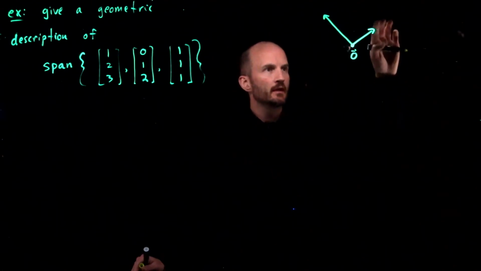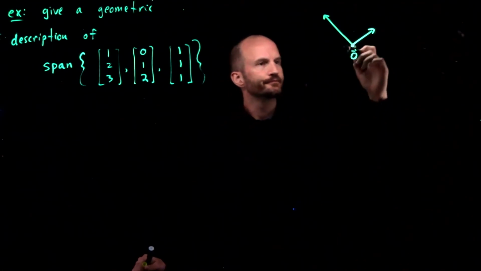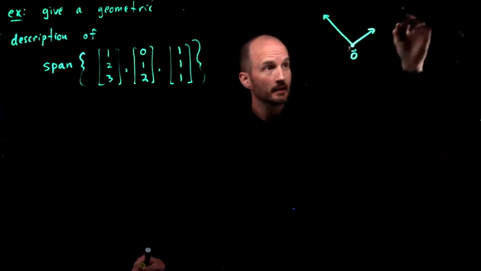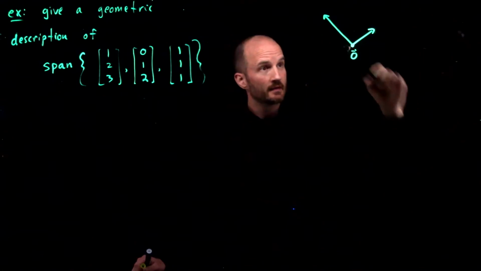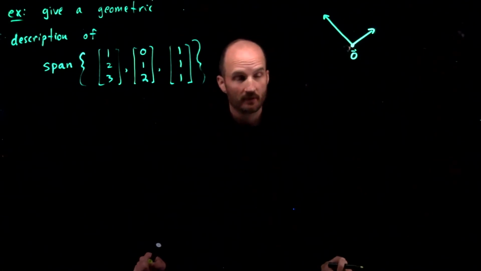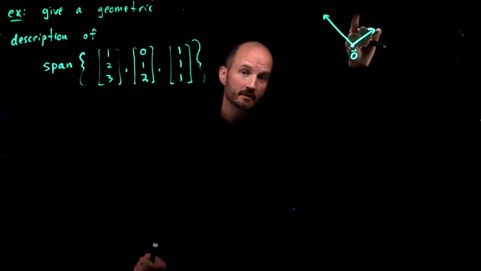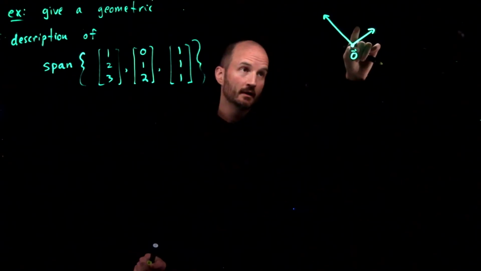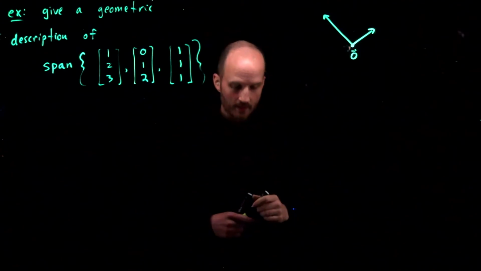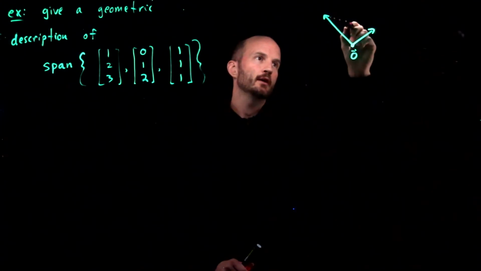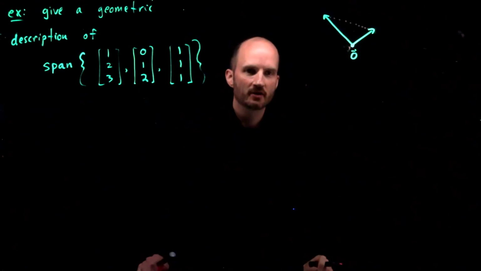Well, it depends on the day of the week. Today, I will say, the span of these two vectors, I certainly get this line here, and this line here. But I get everything that's in between those lines. In fact, the way I think about it, I think about this triangle here. You imagine this triangle.